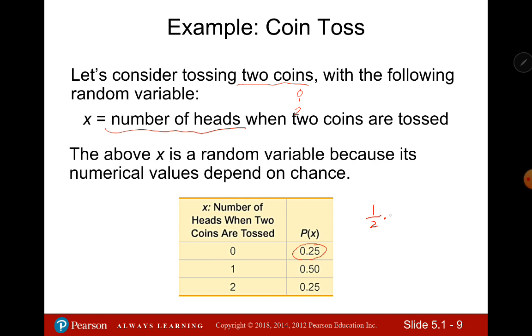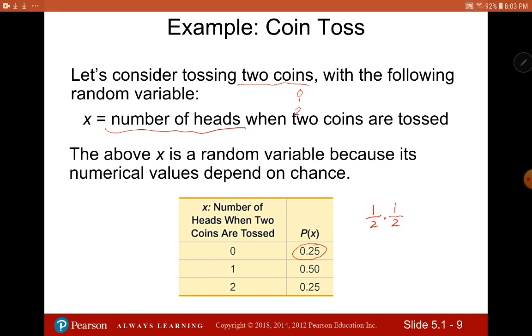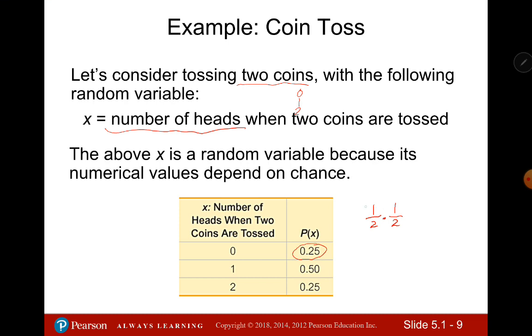Times, because it's a sequence of events, the second event, we still get a tail. What's the probability of getting a tail? It's still 1/2. Here we use the multiplication rule, right? So it's 1/2 times 1/2. We got 1/4 for this one.